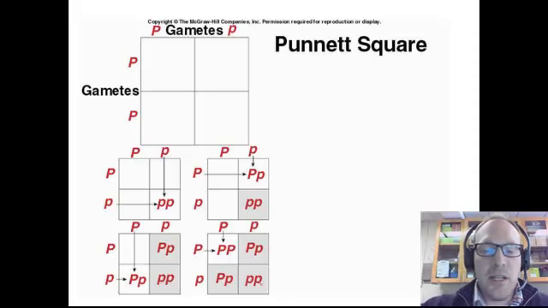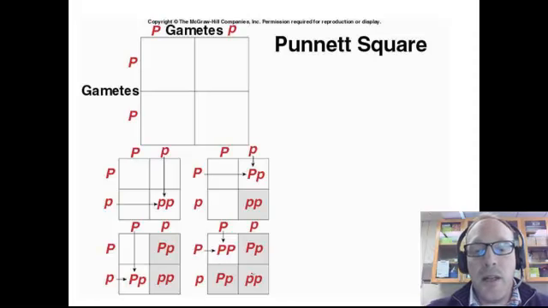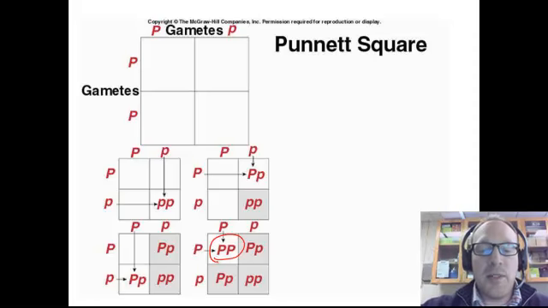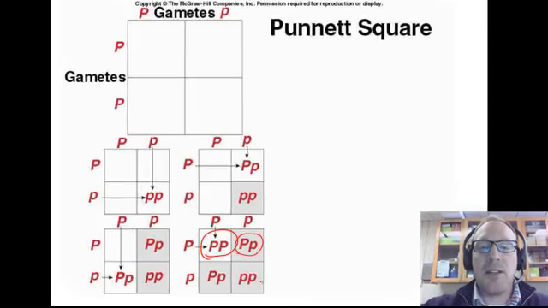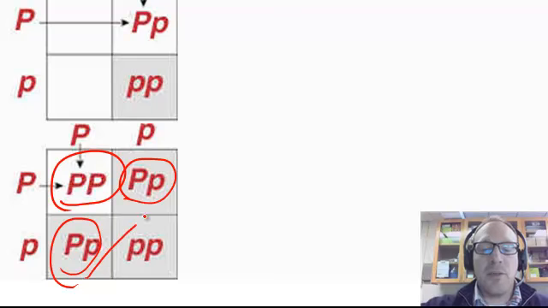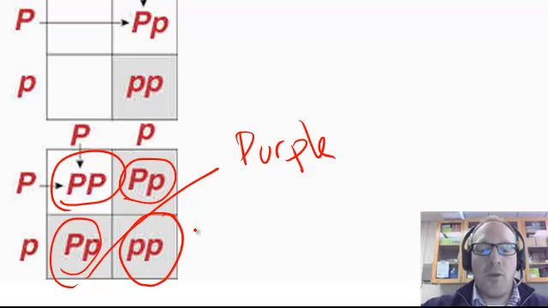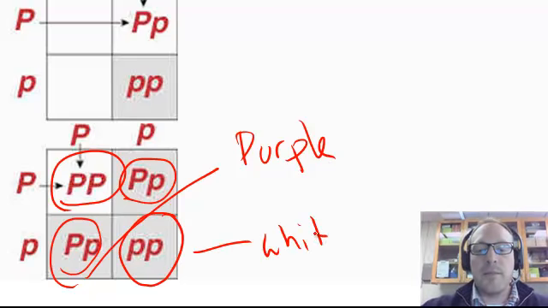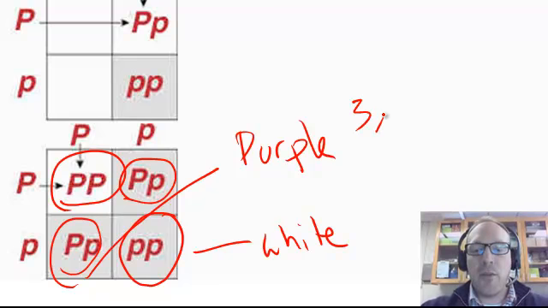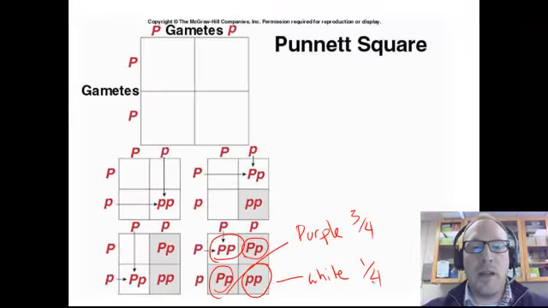And as you can see down here, you've got 3 out of the 4 genotype possibilities leading to the dominant phenotype. This is homozygous dominant genotype, this is heterozygous genotype, this is heterozygous genotype. So those 3 would be purple, if we're talking about purple flowers, and only this one would be white. So we have 3 out of 4 possible purple, 1 out of 4 possible white.